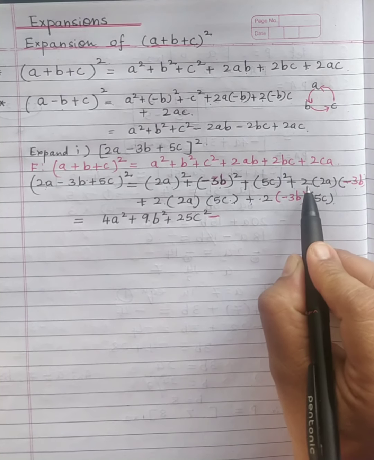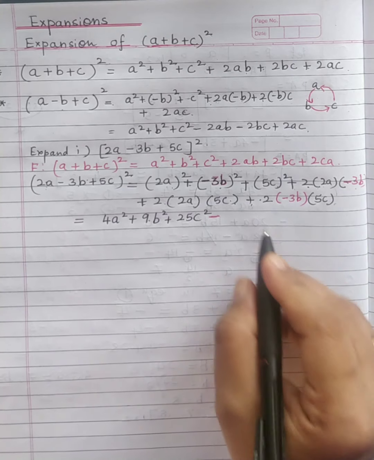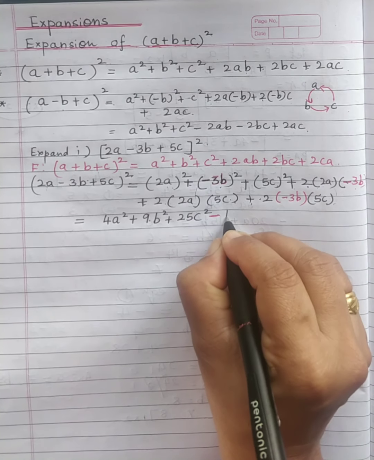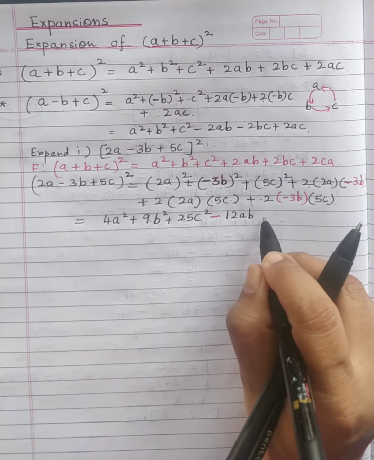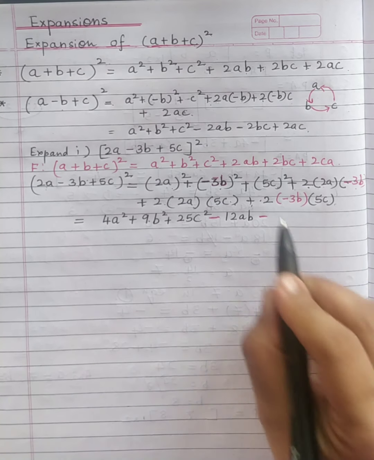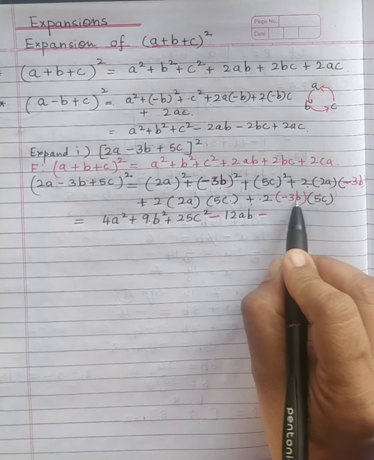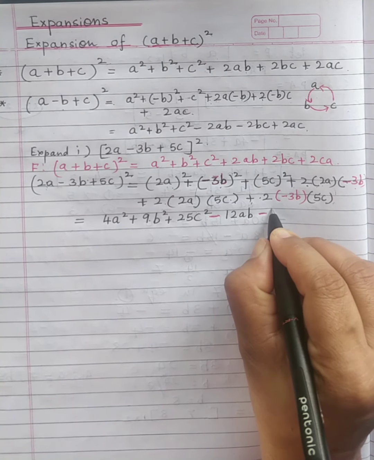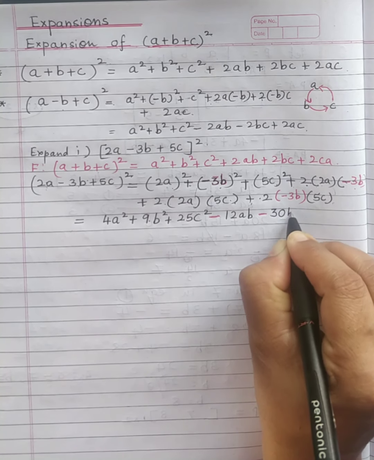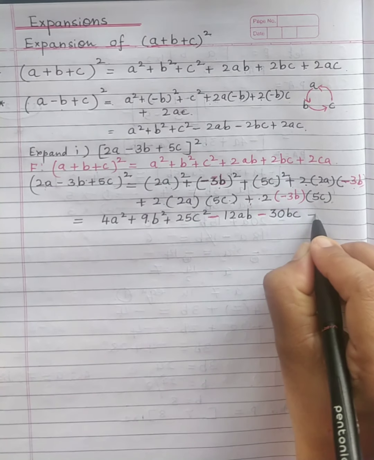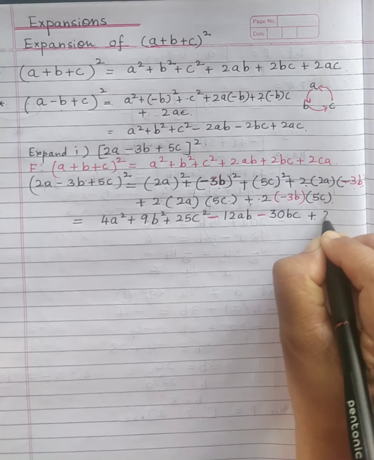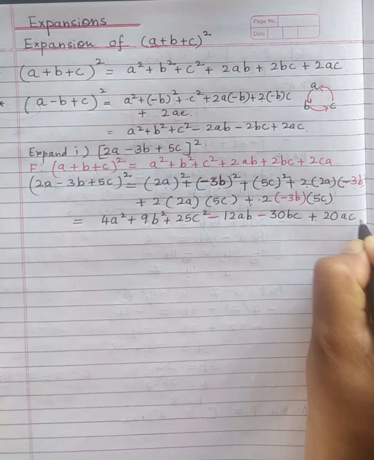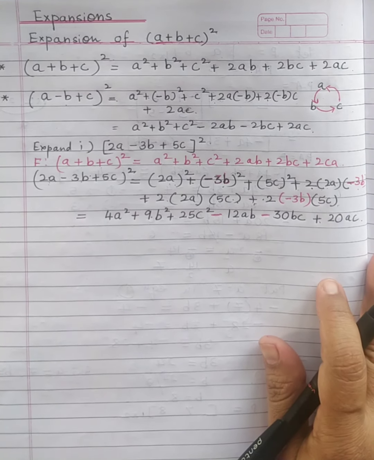Now multiply. 2 twos are 4, 4 threes are 12, ab. So minus 12ab. Again this term is also negative, put a sign here. 3 twos are 6, 6 fives are 30, bc. So minus 30bc. Here positive only. 2 twos are 4, 4 fives are 20ac. So the answer is plus 20ac.